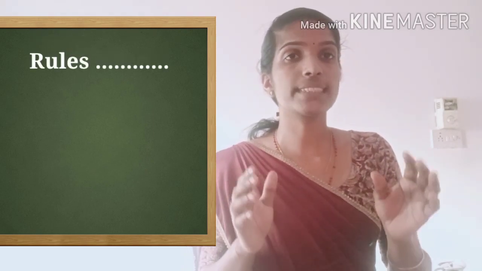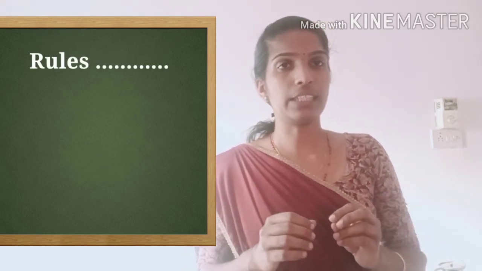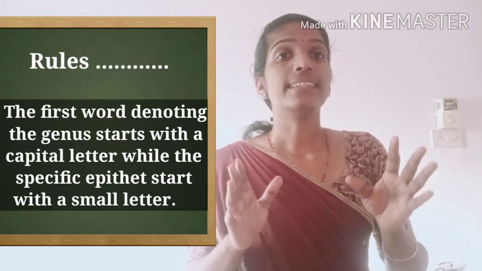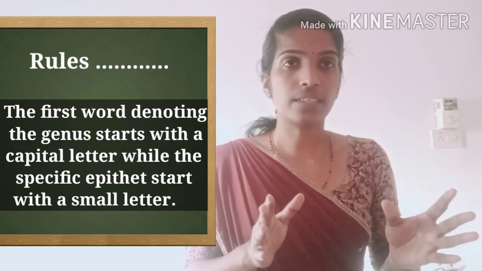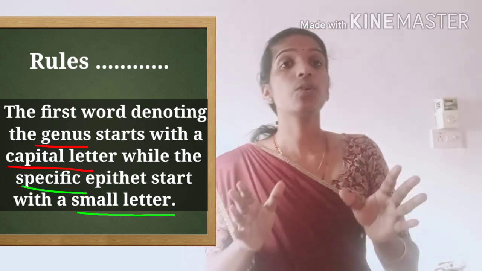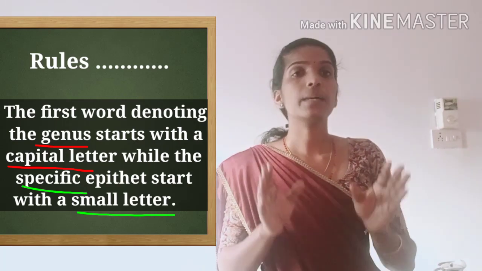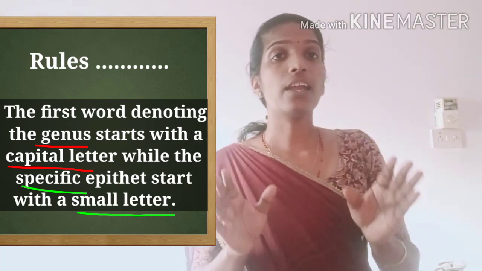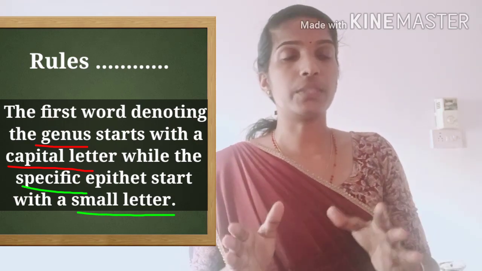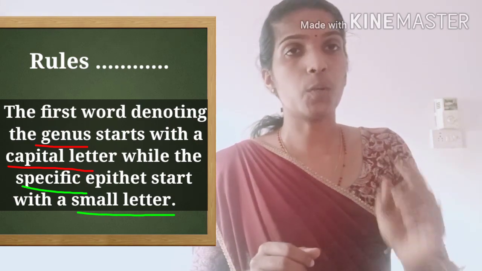You should follow some rules while writing scientific names. The first rule is that, we know that binomial nomenclature represents the genus name and the species name. The first name, the genus name, should start with a capital letter, and the second name, the species, starts with a small letter.